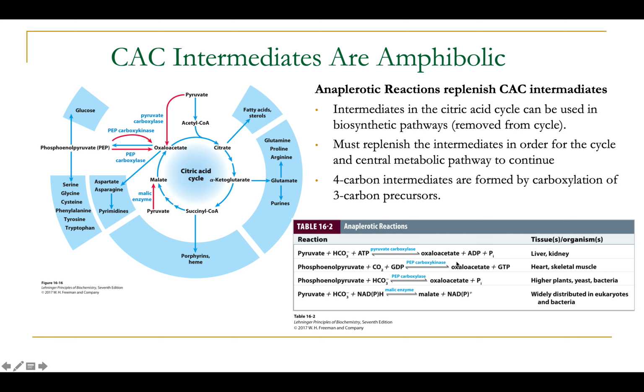Another way that produces oxaloacetate is the reverse of the second step in the first bypass of gluconeogenesis. There, phosphoenolpyruvate is carboxylated, and this is coupled by substrate-level phosphorylation, giving rise to energy in the form of GTP, and also generates oxaloacetate.